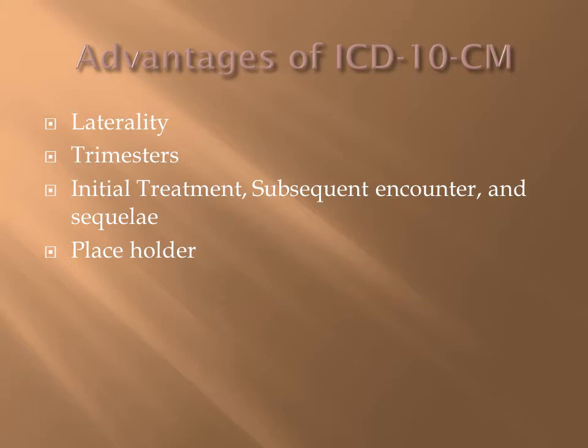So basically it's saying that you have to have a full 7 digits to use this code, and the 7th digit will be your probably A, D, or S for your sequela. You're probably going to have to put an X in the 5th or 6th digit spot as a placeholder, so that in the future they may be adding numbers in that area to expand on current codes.